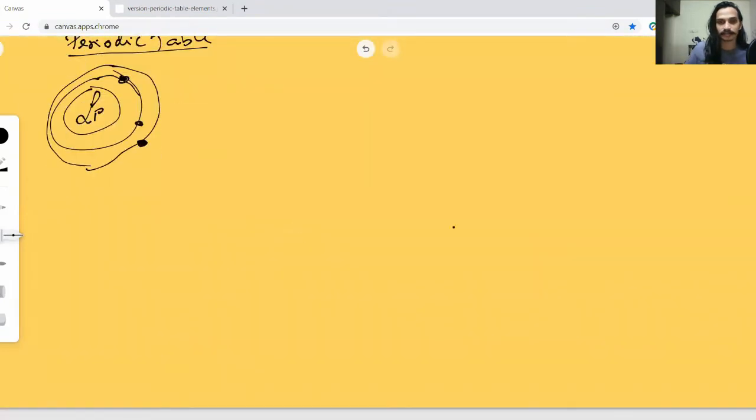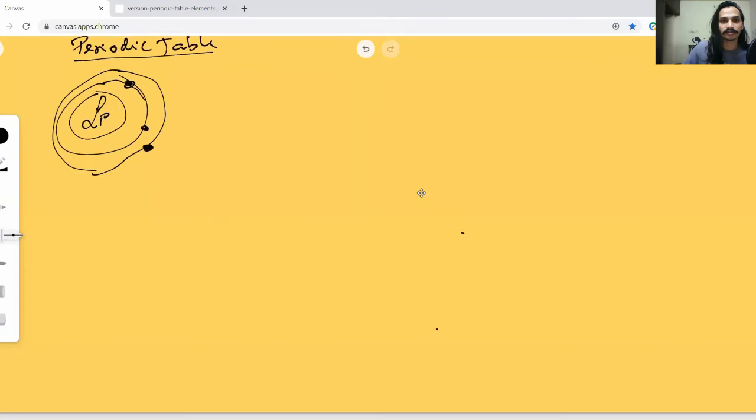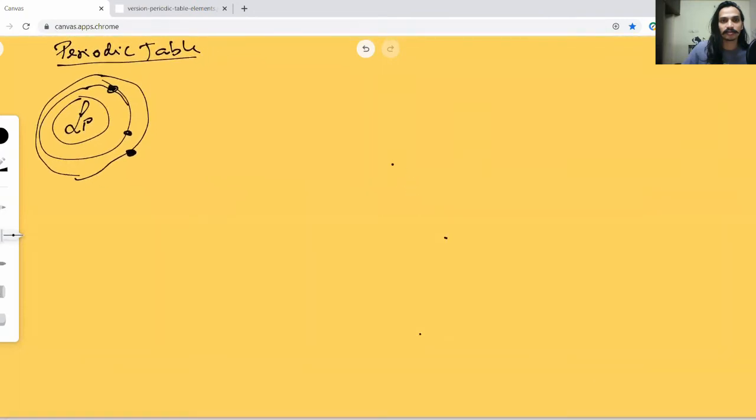When I use lithium as an example, I'm trying to show you what the atomic structure looks like from here all the way till the ending: lithium, beryllium, boron, carbon, nitrogen, oxygen, fluorine. Fluorine is the element at the other end of the same period, the second period. Now fluorine looks something like this: 5, 6, 7. So 9 electrons, and that is fluorine.